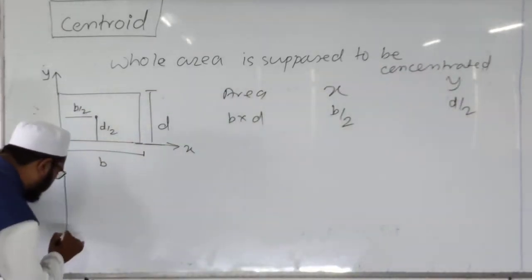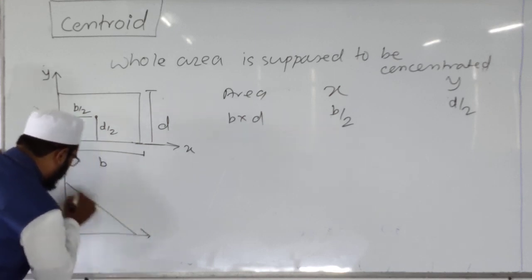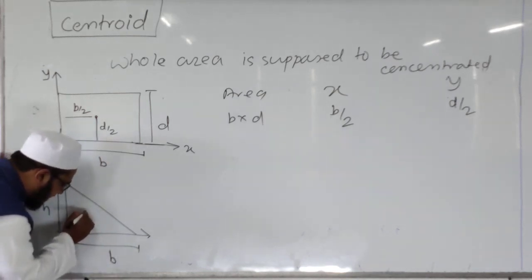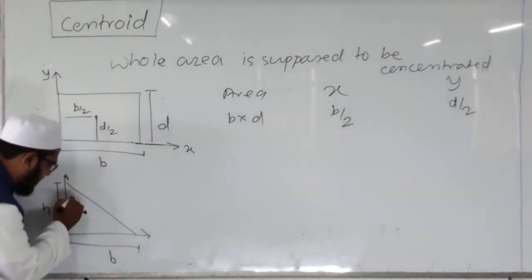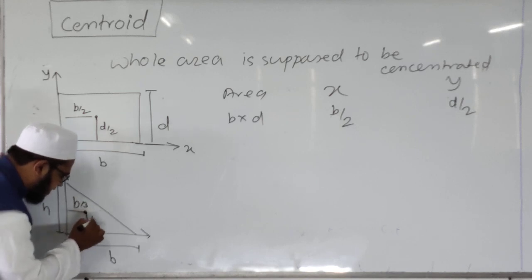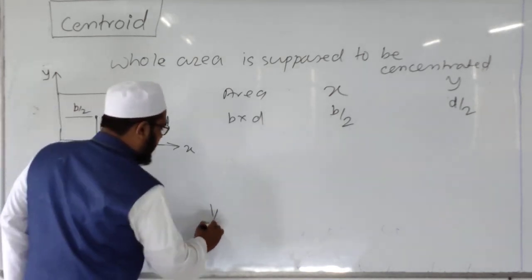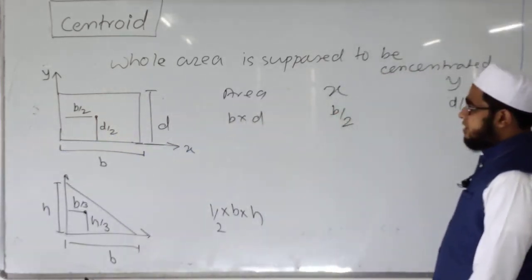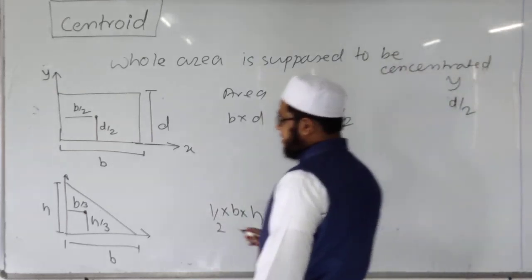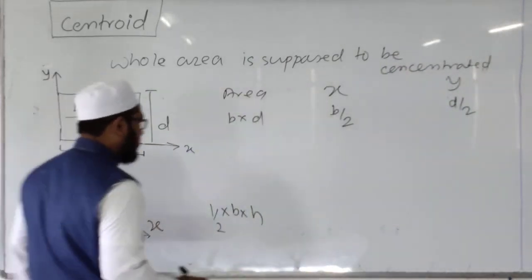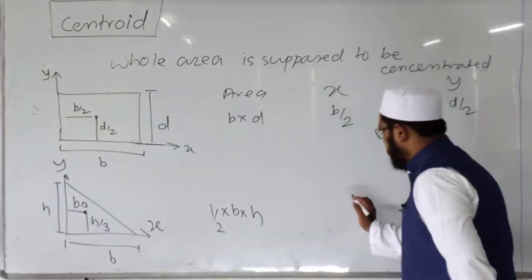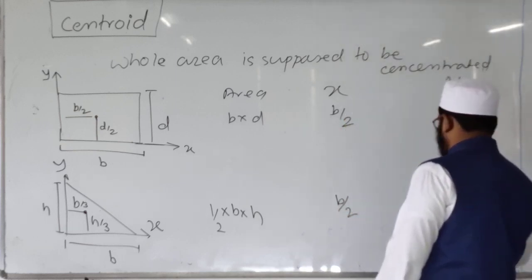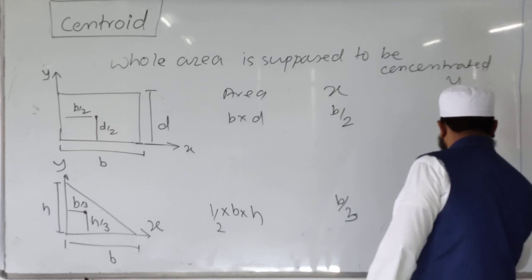If it is a right angle triangle having height h and base b, then the centroid lies at a distance of b by 3 from the height and h by 3 from the base. Area is given by half base into height. The x coordinate is the distance measured from the y axis, and it is b by 3 and h by 3.